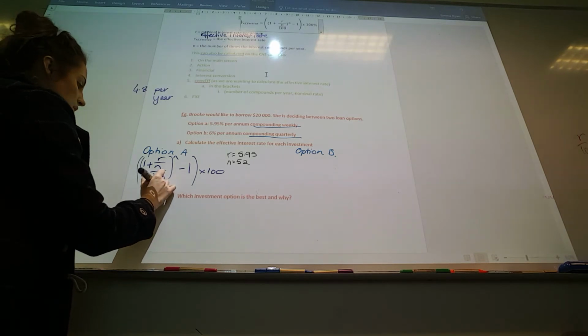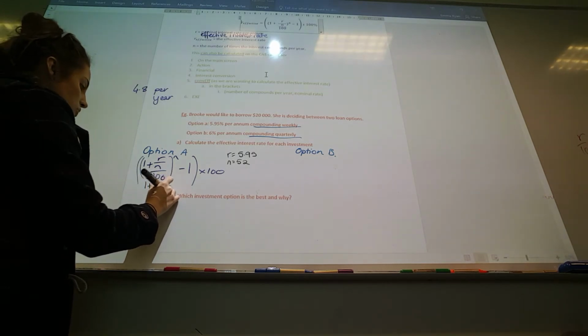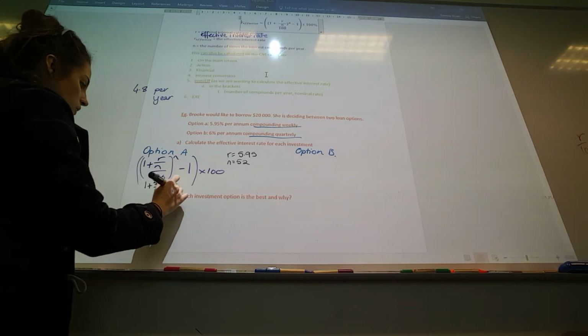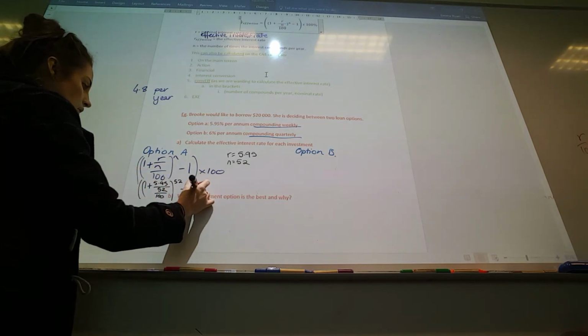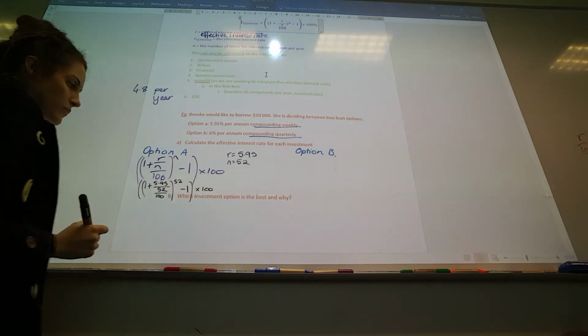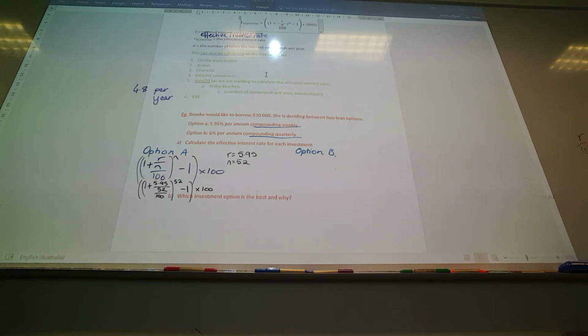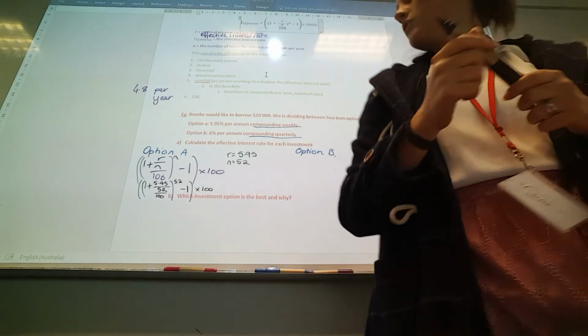So then we put them in. 1 plus 5.9 over 52 over 100 to the power of 52, take away 1, times 100. If you put that into your calculator, that should work with those. Make sure you've got those brackets. Is it times 100 or 100%?